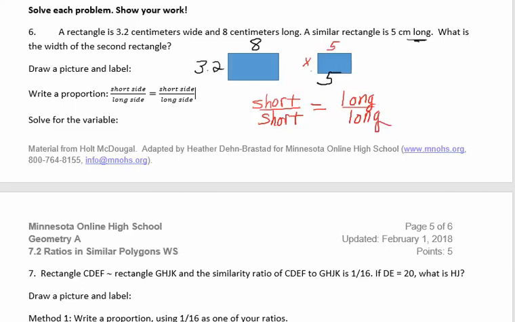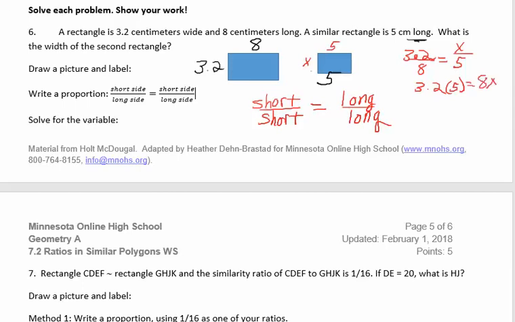So if I'm going to use short side over long side, I'll write that one up here: 3.2 over 8 is equal to x, the short side on this one, which is the unknown, over 5. Then you would solve it by cross products being equal, so 3.2 times 5 is equal to 8x.